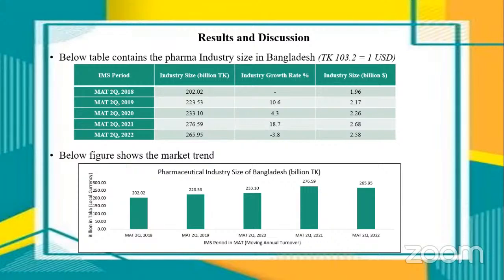So due to the government-imposed regulation, different banks and industry firms cannot import as per their requirement. So the industry growth is negative. The below table shows the industry sales value trend. The trend was always positive, but in the last MAT, the industry growth is negative due to the Russia-Ukraine war effect.